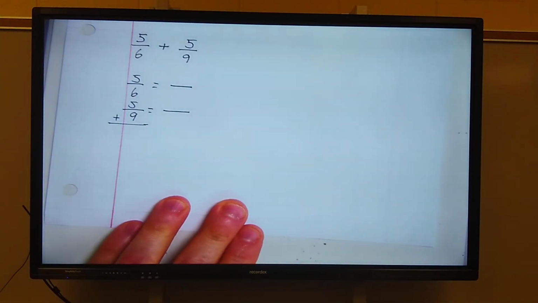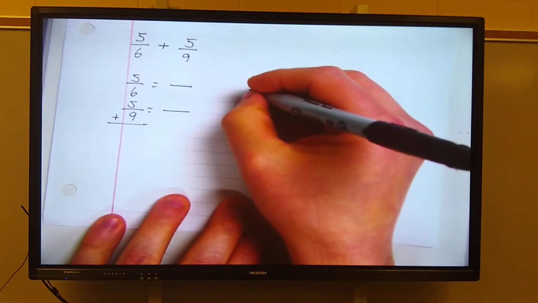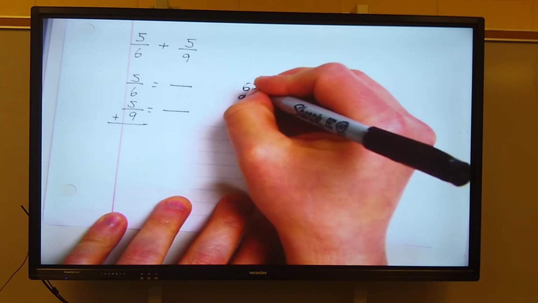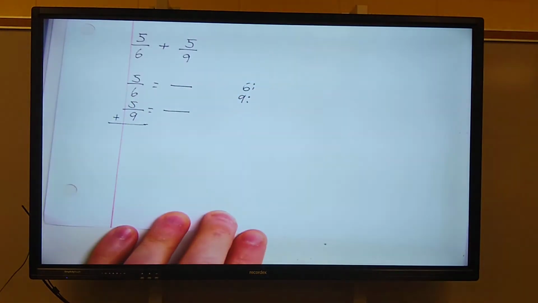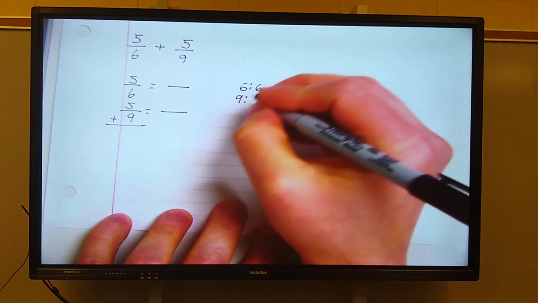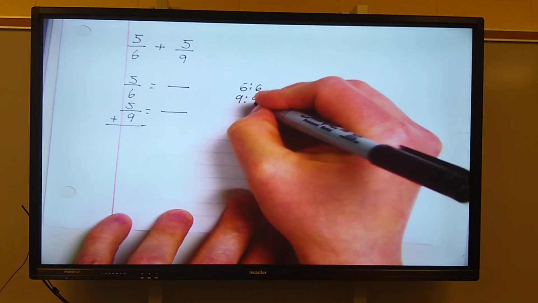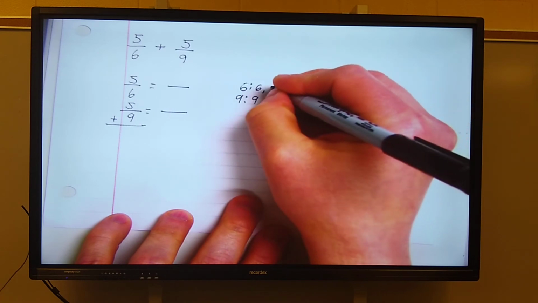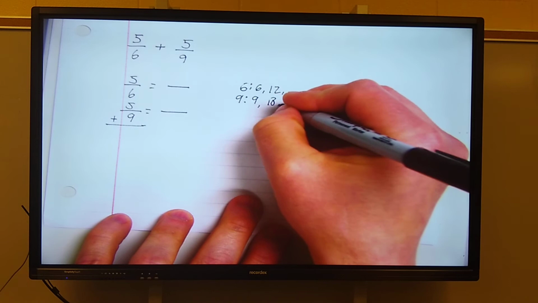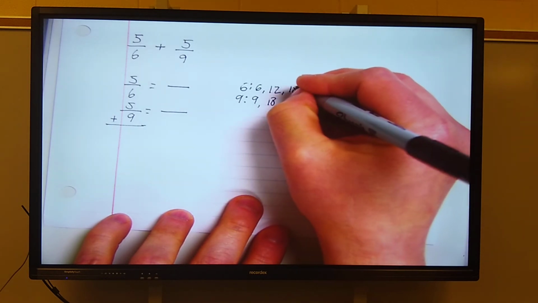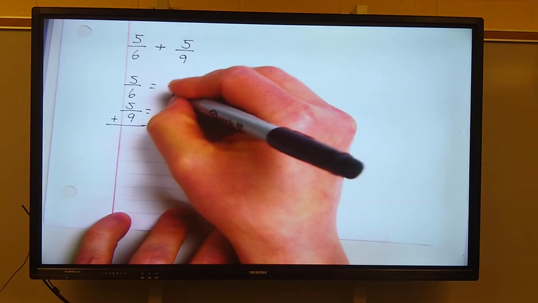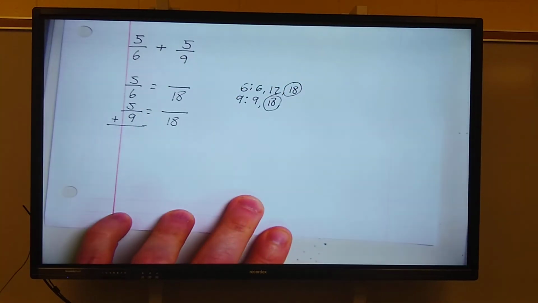Step number 2, I must find the multiples of my denominators, 6 and 9, until I find a multiple that is the same. 6 times 1, 6. 9 times 1, 9. 6 times 2, 12. 9 times 2, 18. 6 times 3, 18. Stop. 18 is my new denominator.